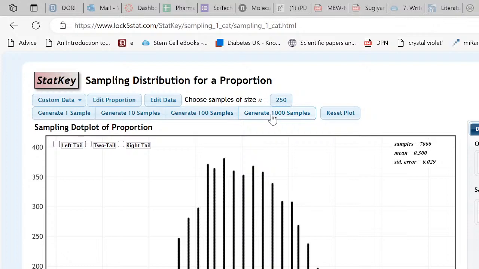Before you apply the theorem, you need to check what's called the large counts condition. Check that n times p is at least 10, and n times 1 minus p is at least 10.